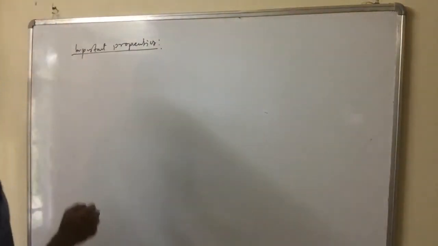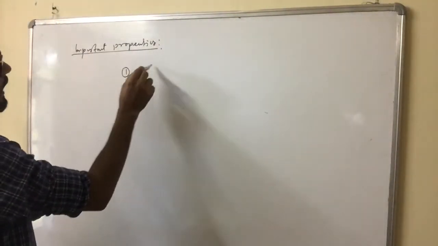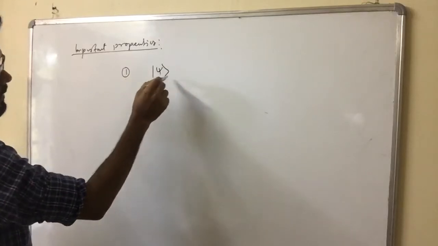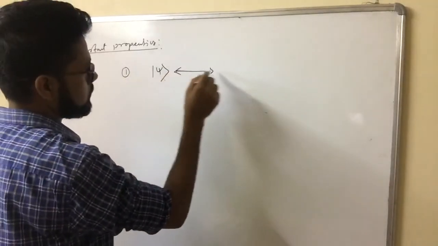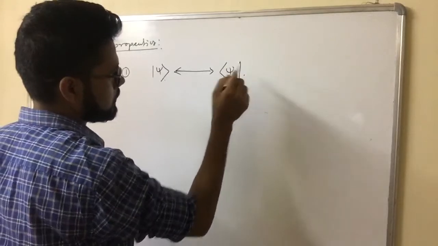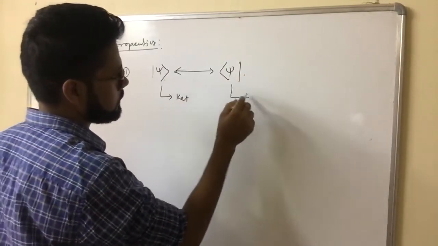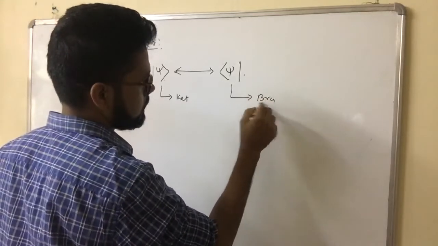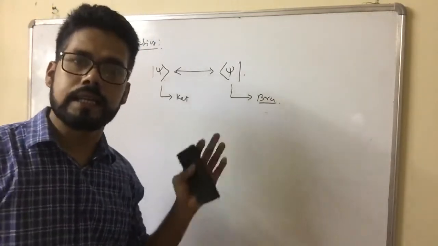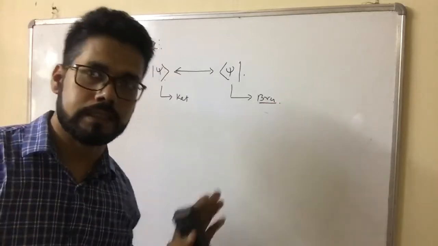Okay, then an important property: every ket vector has a corresponding bra vector. This is a bra vector, this is a ket. Every ket has a corresponding bra and vice versa.